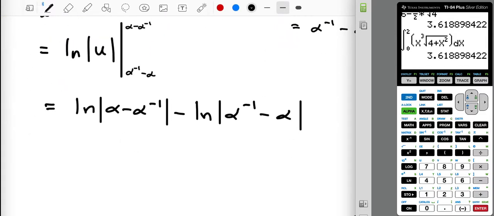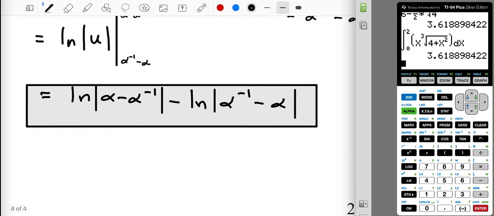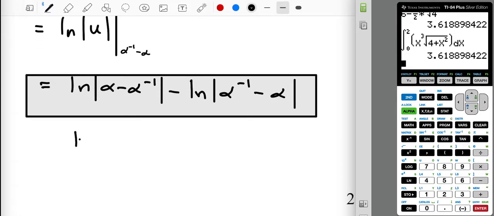Now at this point, depending on what you needed to do the problem for, you might call it quits, you might continue on. The only way you'd be able to continue on would be if you were to get a common denominator and go from there. So what I'll do is I'll box this as a final answer, but then just for giggles, let's continue on and see where this takes us.